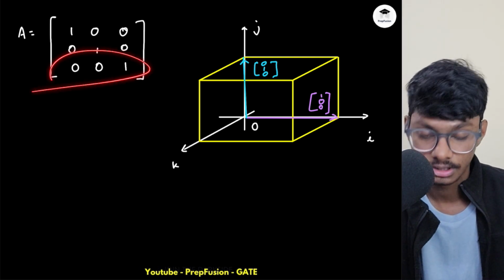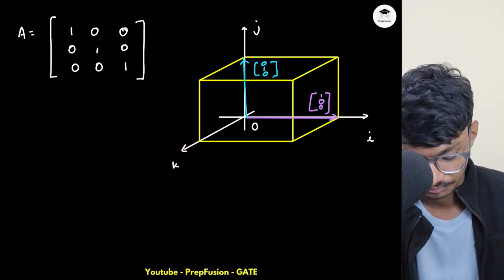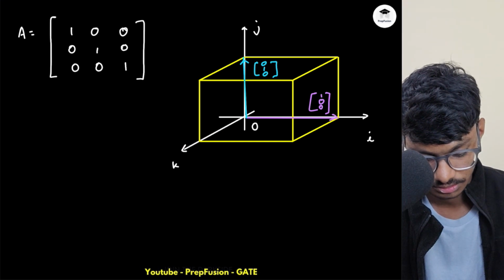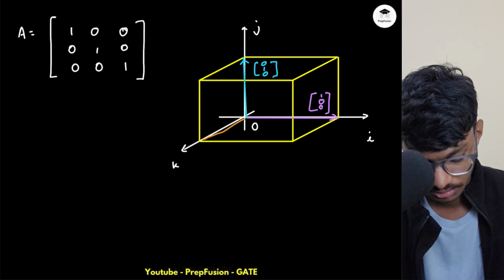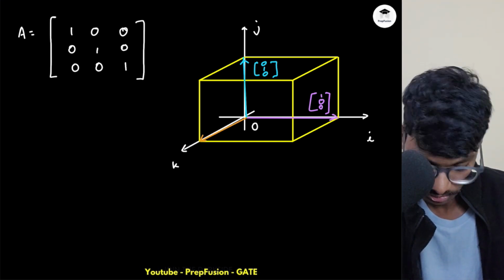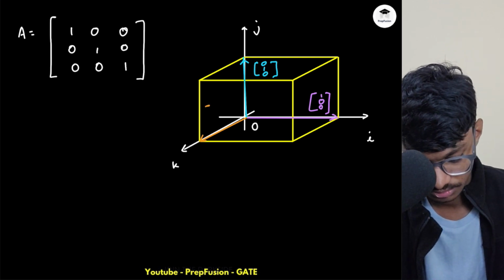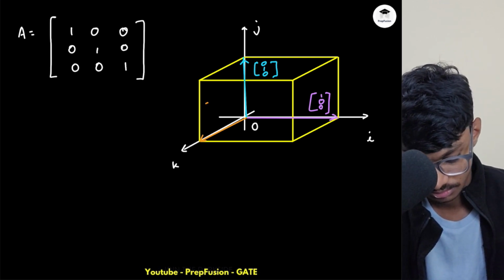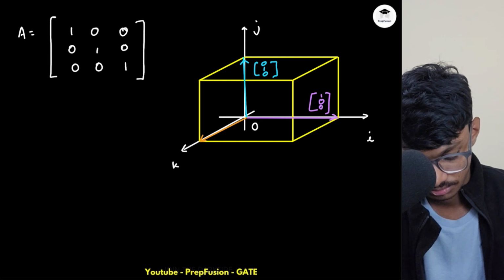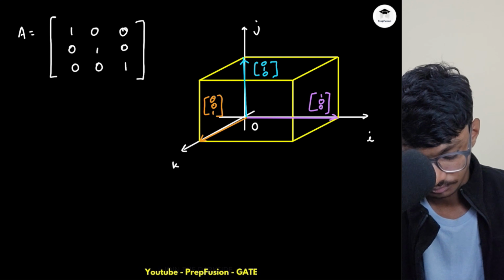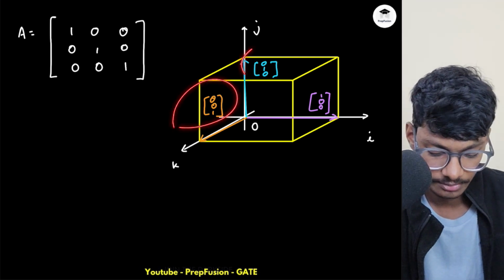Next I have k cap, so it is in this direction obviously. This is 0 0 1. Okay, so this is i cap, j cap, k cap.